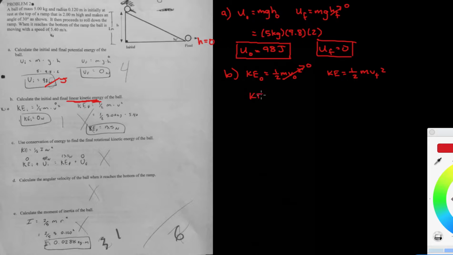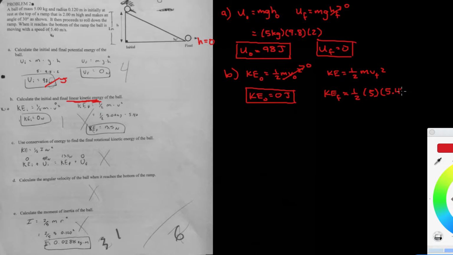So the initial kinetic energy is 0 joules. And the final kinetic energy is equal to 1/2 the mass of the ball, which is 5, times the speed of the ball at the bottom, which they said was 5.4.